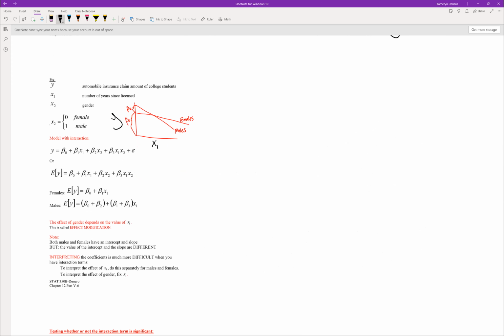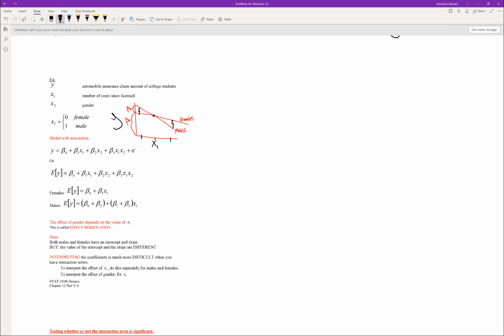So we say that the effect of gender depends on the value of X1, because at a smaller value of X1 this distance is a particular size, but at some point they're equal to each other, and at some point it switches which group is higher.